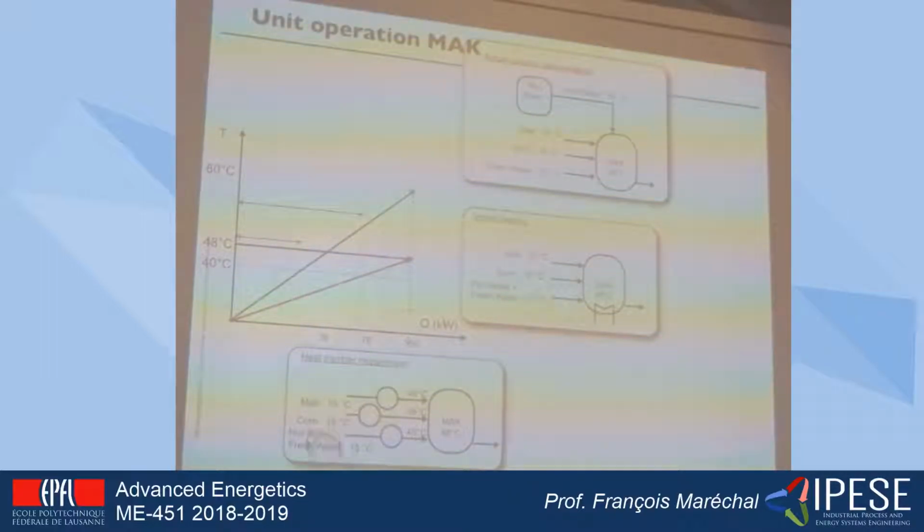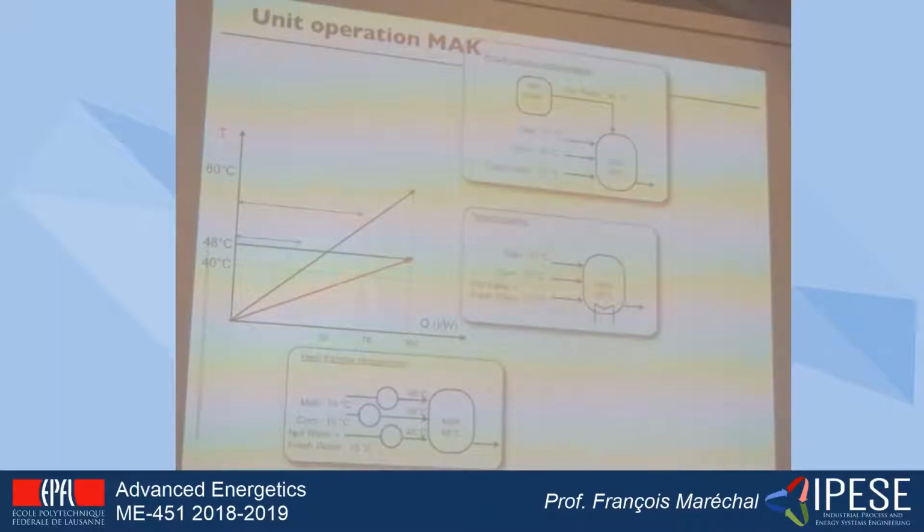And of course, something which is important here is that the mass balance still remains the same. It means that the fresh water that needs to be heated at 48 degrees C is in fact the fresh water plus the hot water that was injected in the past, so that I keep the unit operation working the way it was working in the past.